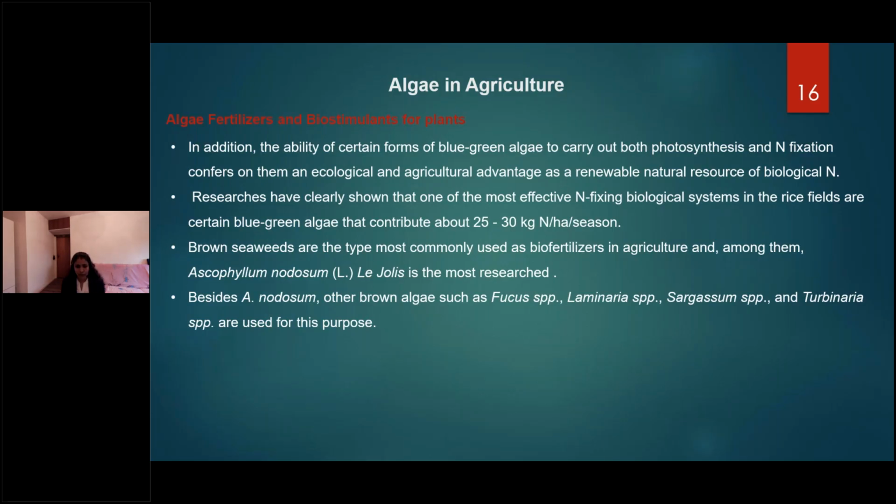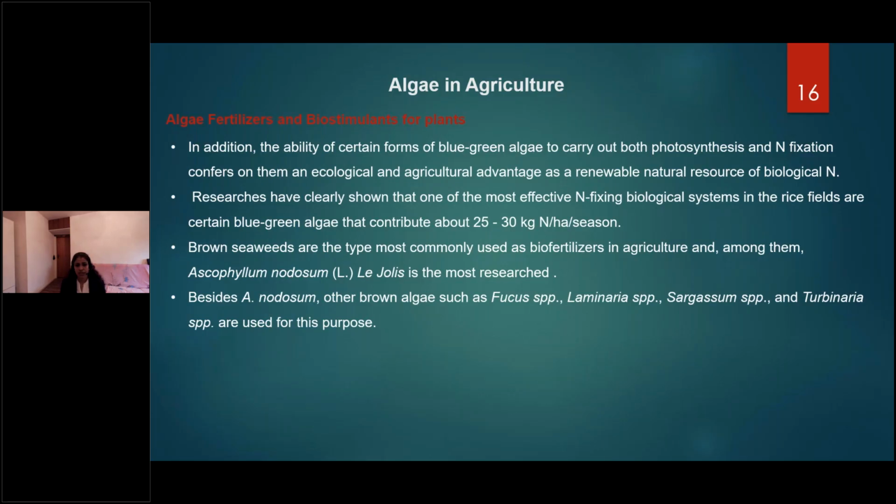Researchers have clearly shown that the most effective nitrogen-fixing biological systems in rice fields are certain blue-green algae, for example Nostoc and Anabaena. It has been proved since ancient times that for nitrogen fixation, the blue-green algae are Nostoc and Anabaena.